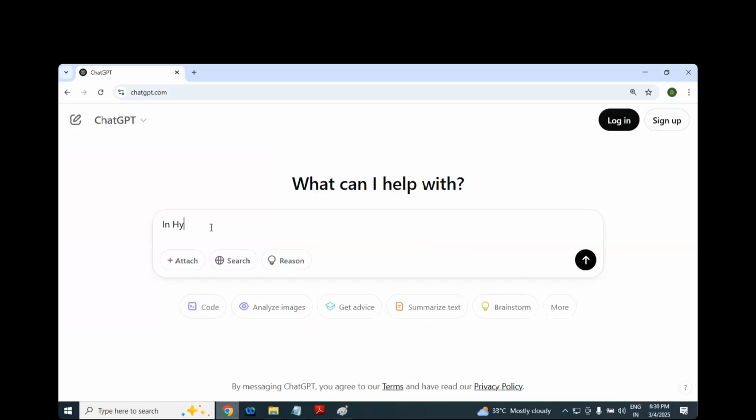In Hyderabad, there is a company called Naresh IT. Daniel is working as a data scientist, as a trainer.